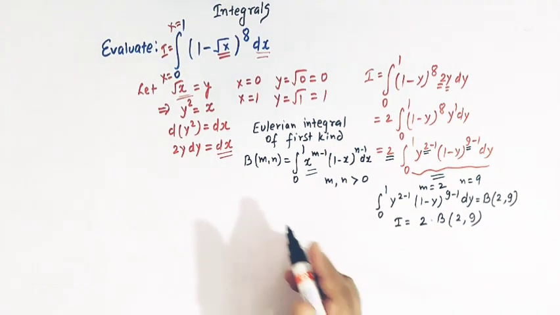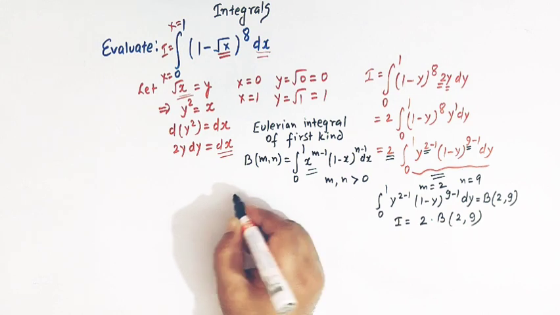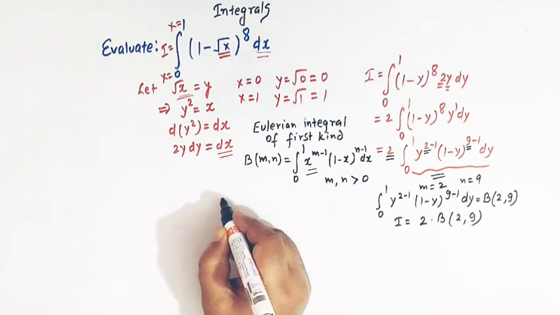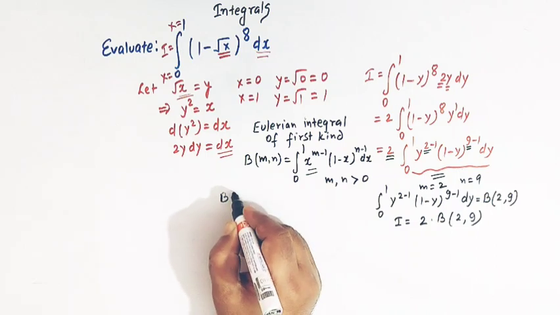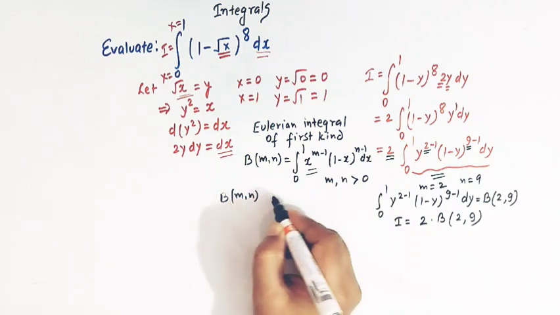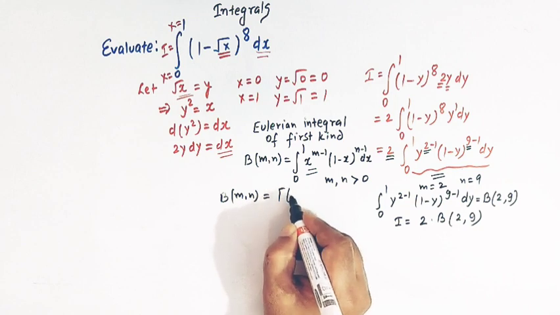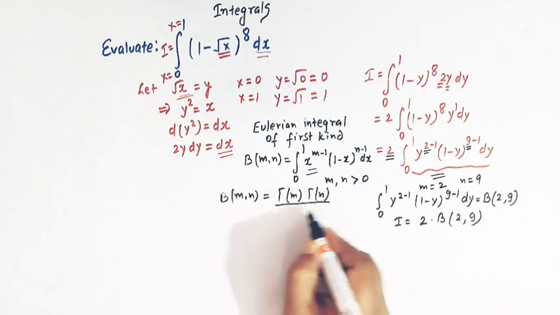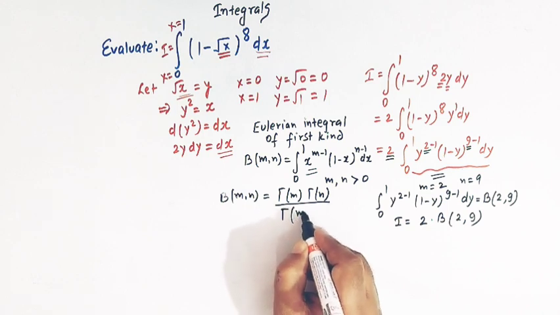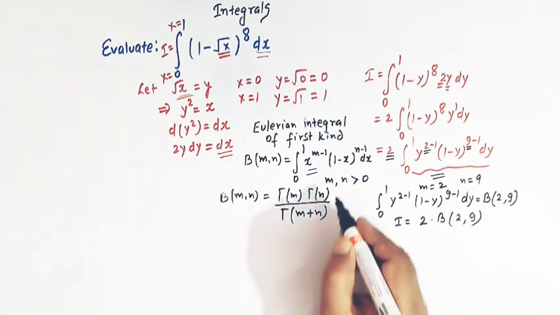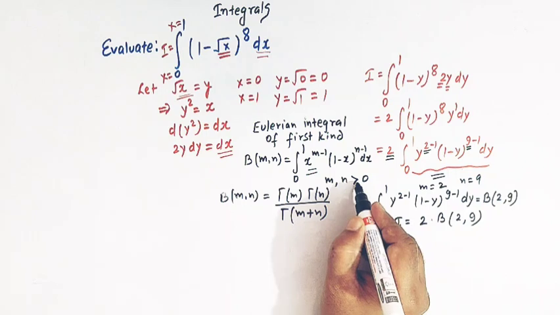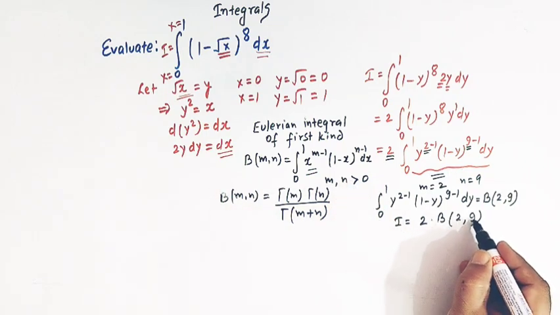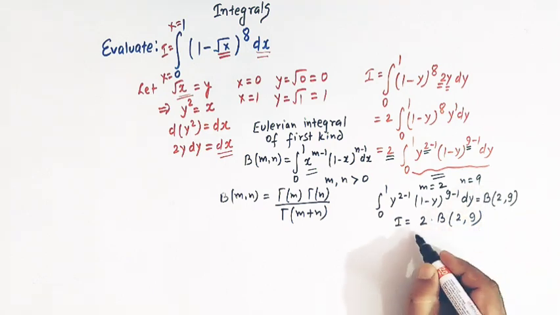Now we know an important relation between the beta function and the gamma function. Beta(m, n) is given by gamma of m times gamma of n, divided by gamma of m plus n, where m and n are greater than 0. Here m is equal to 2 and n is equal to 9.